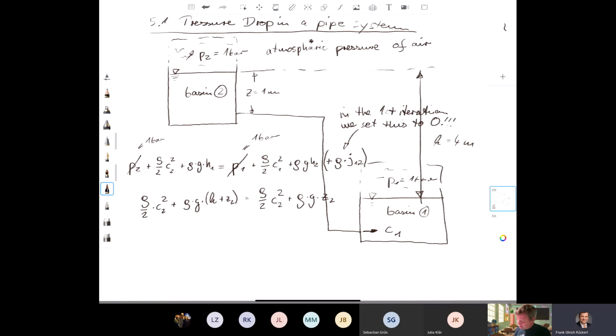Are there any questions? Of course. Shouldn't it be C1 squared? Yes, of course. C1, of course. But the height is clear, yeah? It is the height of the water column here. This is clear, huh?